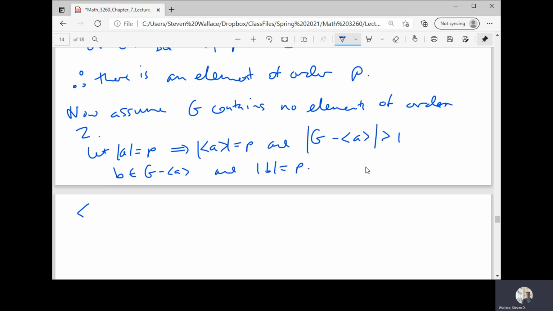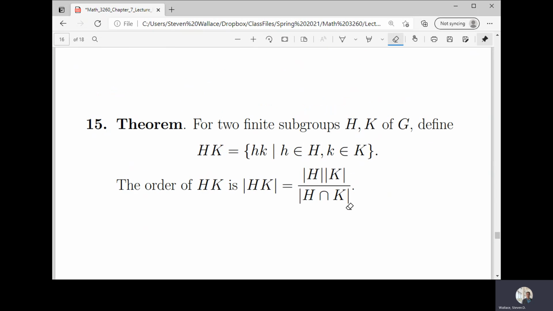Now, we know that we take the subgroup generated by B, and we see what it has in common with the subgroup generated by A. It must be this by our theorem below. So we look at the theorem here.